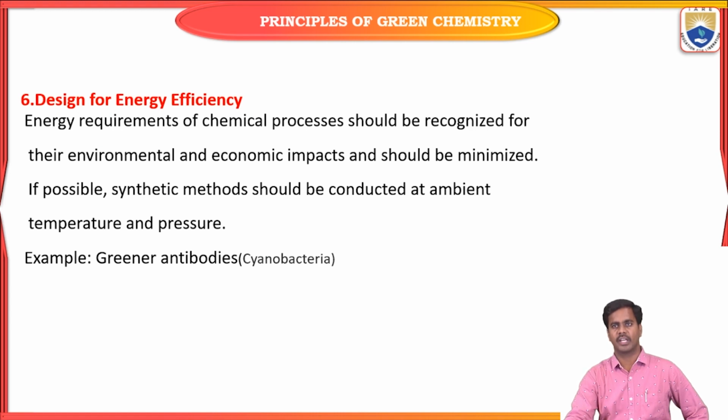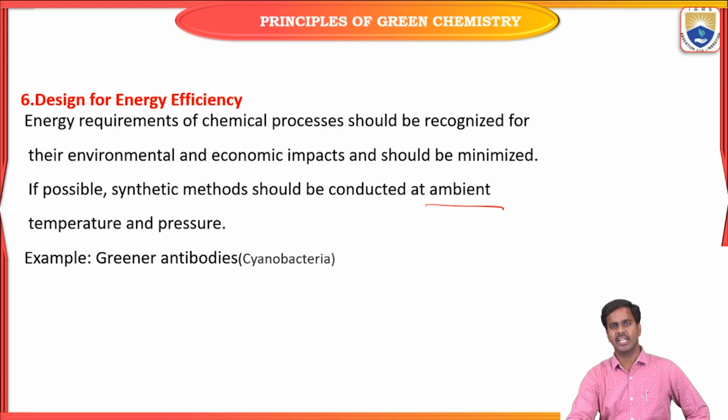Energy requirements of chemical processes should be recognized for their environmental and economic impacts and should be minimized. For example, if possible, synthetic methods should be conducted at ambient temperatures.